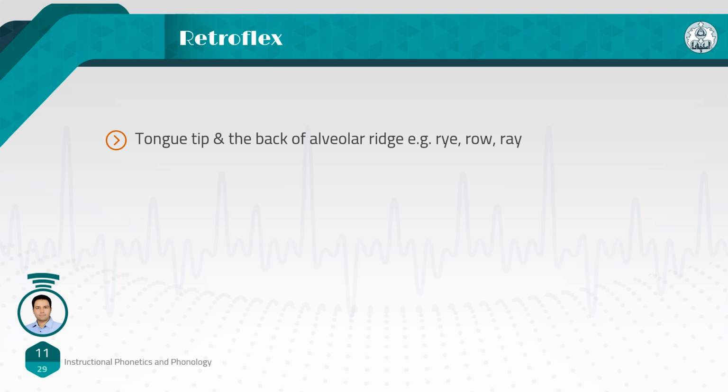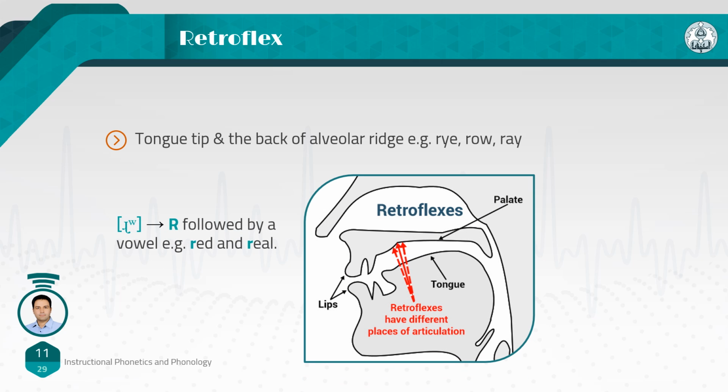Retroflex. Next place of articulation is called retroflex. As you can see in the picture, we use the tongue tip and the back of the alveolar ridge. If you look at the arrows, you can see that we use the back of the alveolar ridge. Retroflexes, in fact, have different places of articulation.